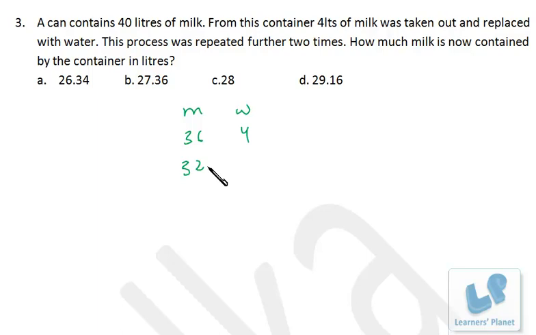So that will come to 32.4, right? We are not interested in water. After that further replacement is done. So further 10%, still the total quantity of milk and water will remain 40 liters because you are refilling the water. So once again that 10% will go. So 32.4 and 10% of that is 3.24. So the remaining quantity is 29.16, right?